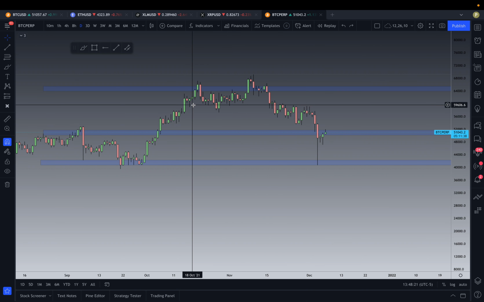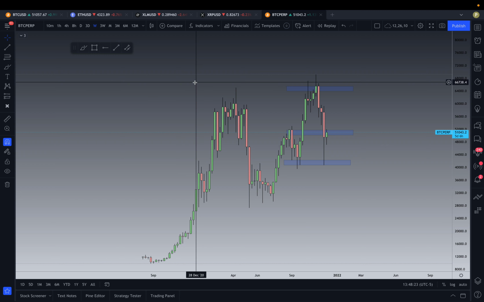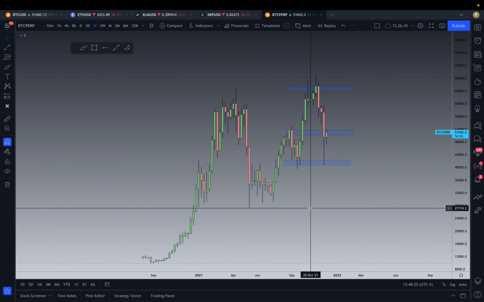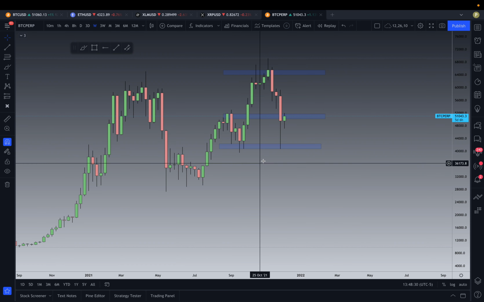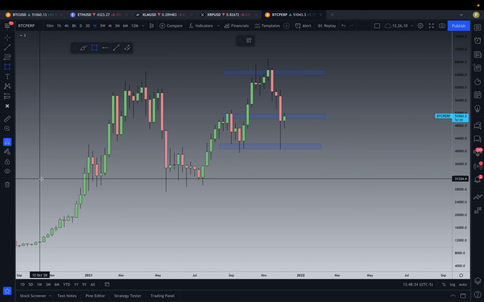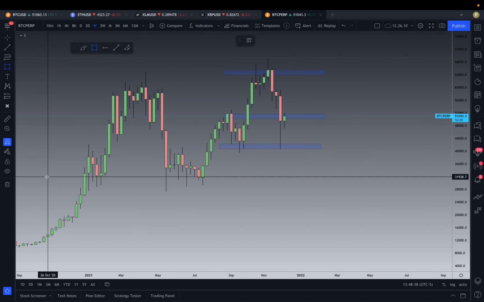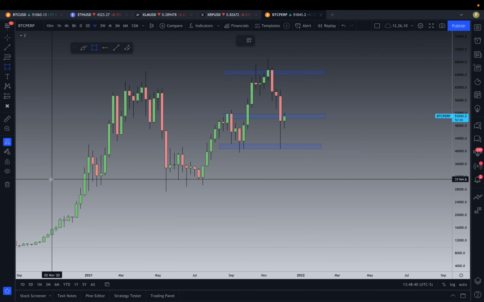So now, given what we know, let's see if we could apply that on a higher time frame. I'm sure you already see what kind of levels I'm going to draw out. You see how the market interacts with this level, just looking at the line. So I like to start here.